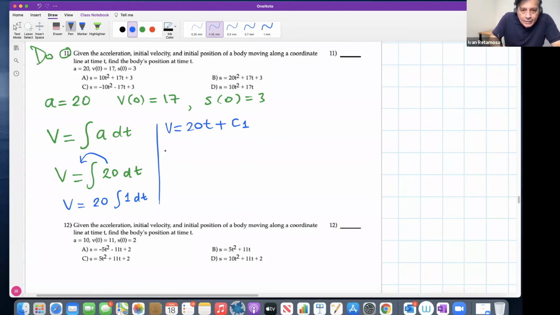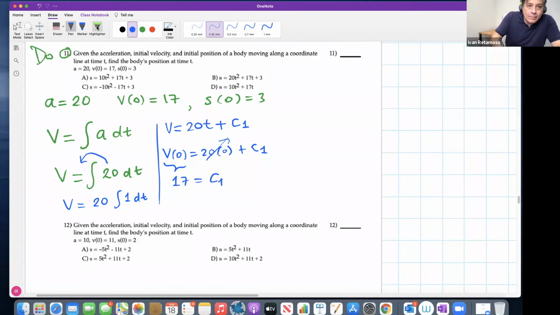On one hand, they're saying that the evaluation of this function at 0 is this, right? But on the other hand, they are telling me that somehow, via experimentation, perhaps, they determined that the initial value for this velocity function is 17. This is 0, right? This tells me that the first constant is 17.